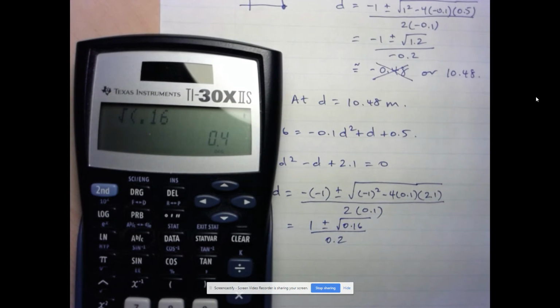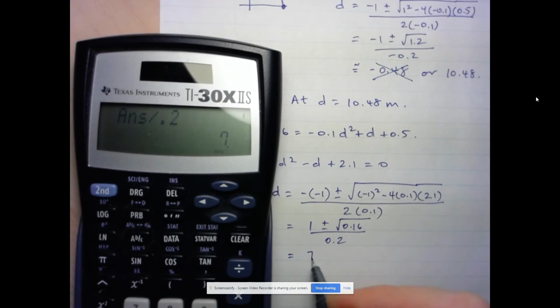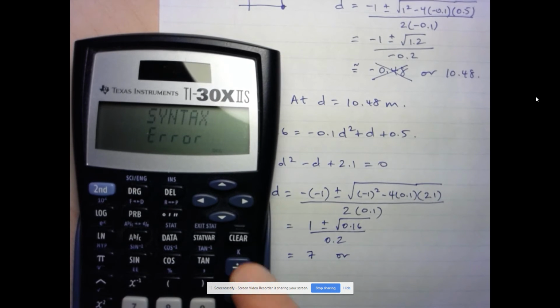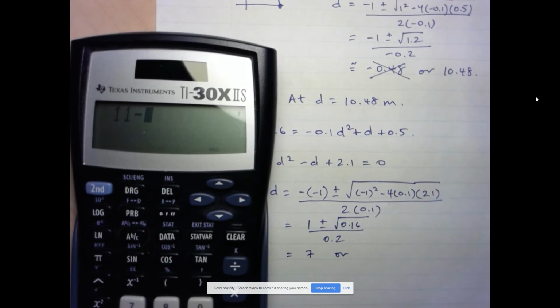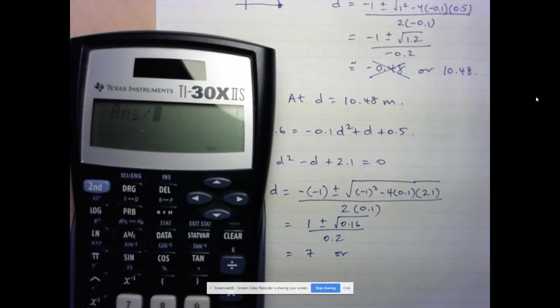So here what we're going to do to find our answers is 1 plus 0.4, and then divided by 0.2, so that equals 7, or 1 minus 0.4, and then divided by 0.2, is equal to 3.